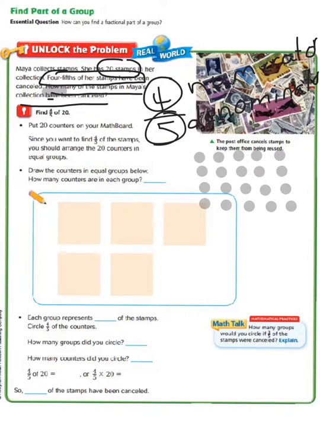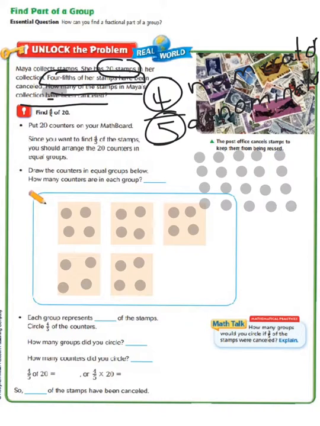And we have 1, 2, 3, 4, 5 equal groups. So now we have to place our counters into these 5 equal groups. One of the ways that we can do this is just to go through until we equal 20. 1, 2, 3, 4, 5, 6, 7, 8, 9, 10, 11, 12, 13, 14, 15, 16, 17, 18, 19, 20.